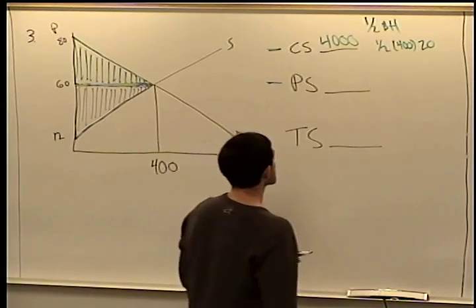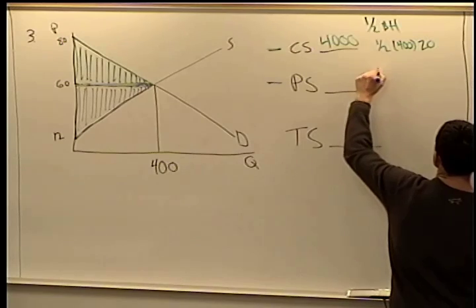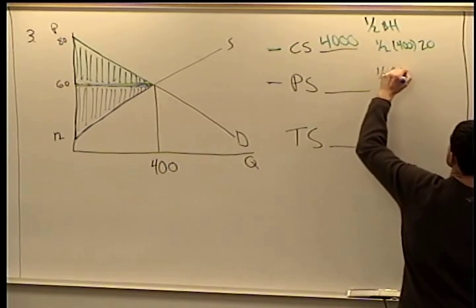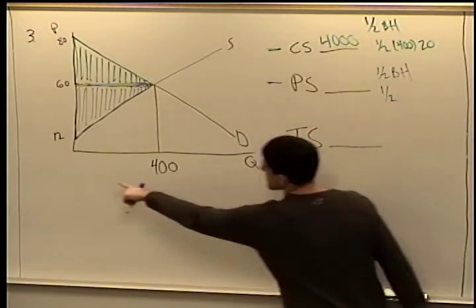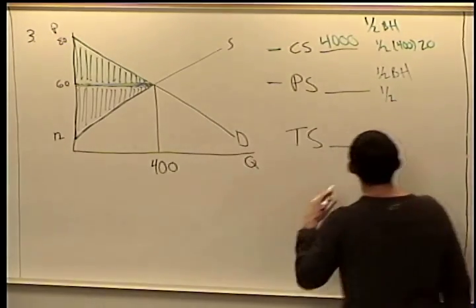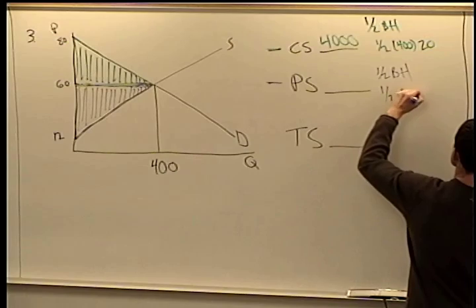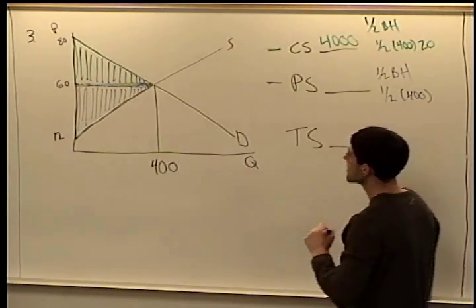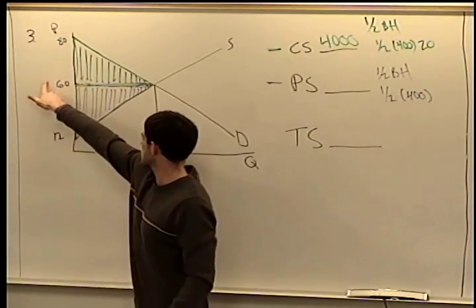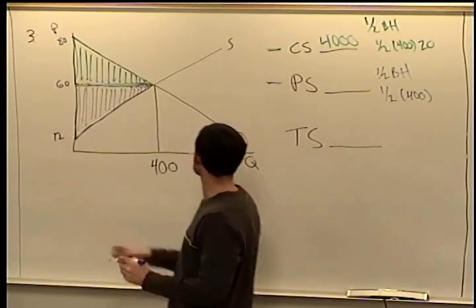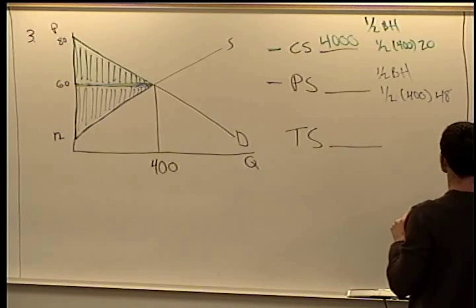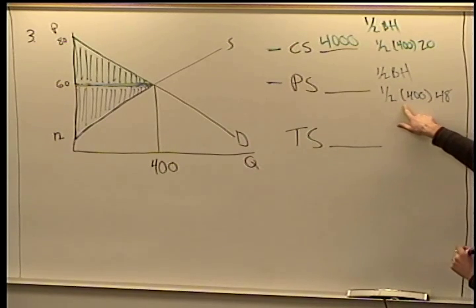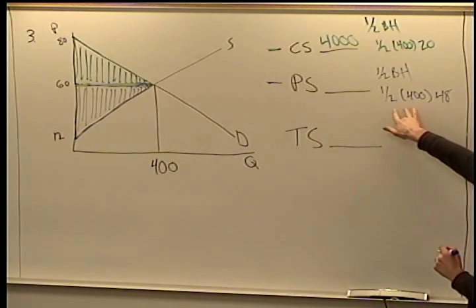Okay. So again, that's a triangle. So we have 1/2 base times height, or it's going to be 1/2, the base goes from 0 to 400. And the height is 60 minus 12, or 48. So let's see.